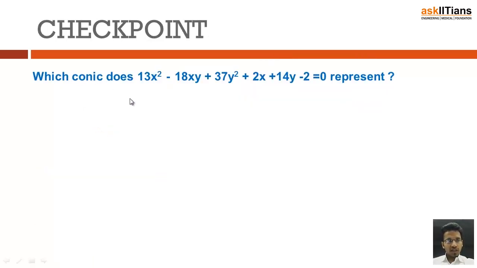So which conic does 13x square minus 18xy plus 37y square plus 2x plus 14y minus 2 represent? Now comparing it with the general form, remember to write this 2hxy. Students make mistakes in this. So this will be 2gx plus 2fy plus c equal to 0.